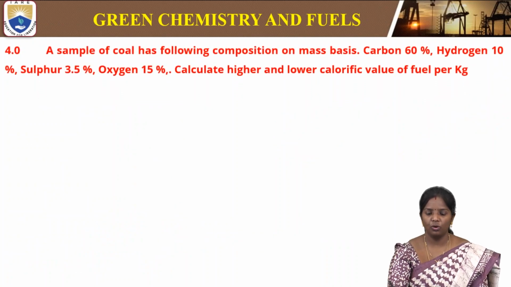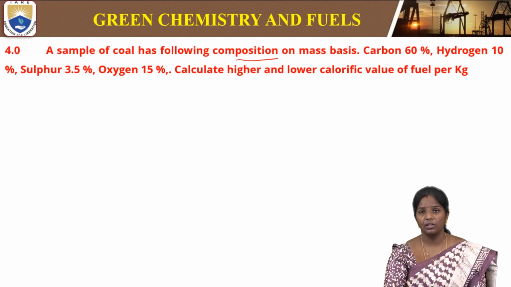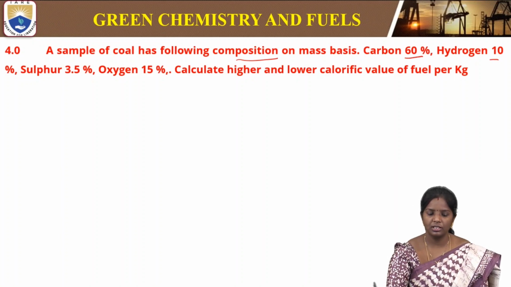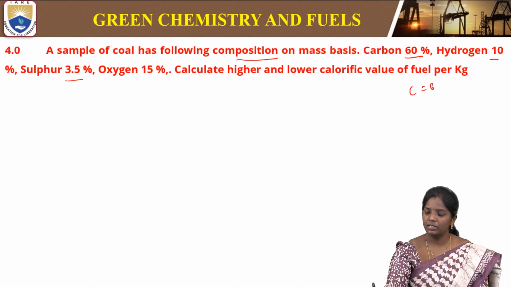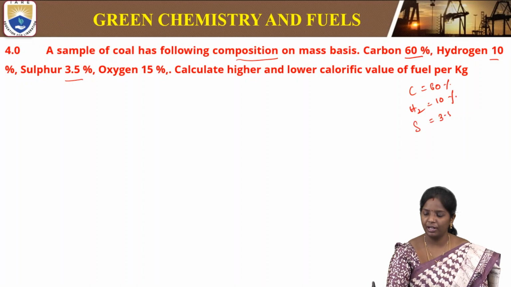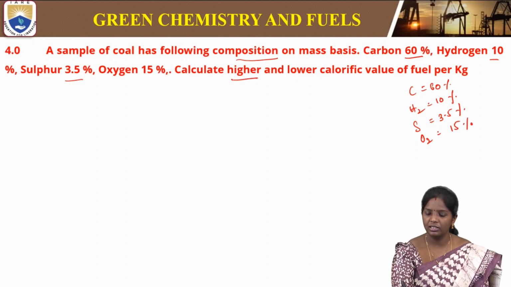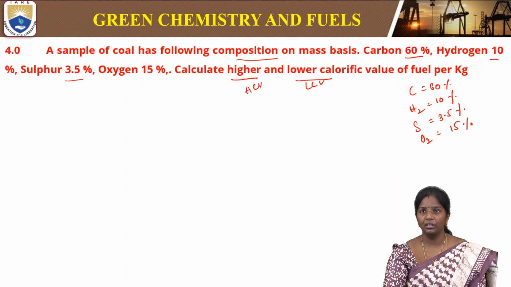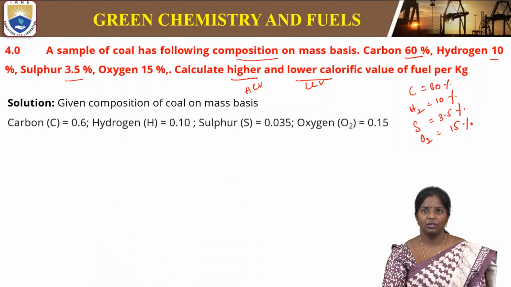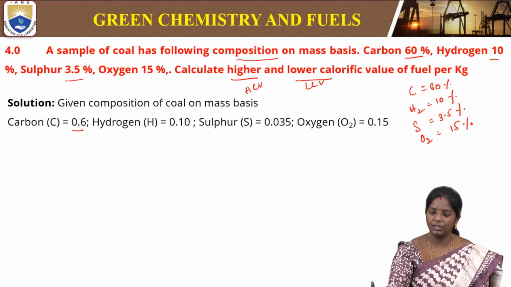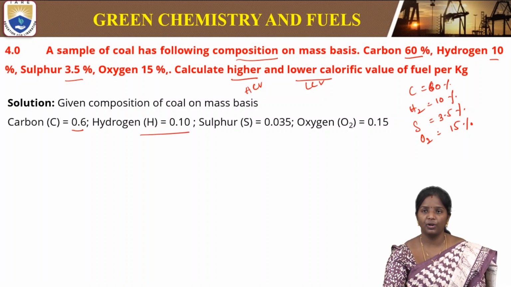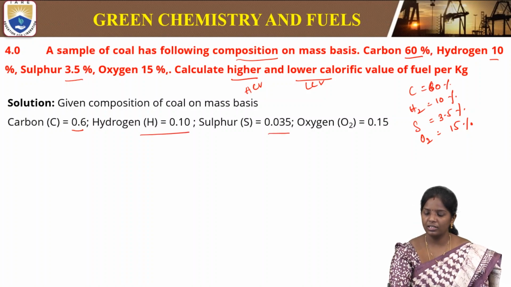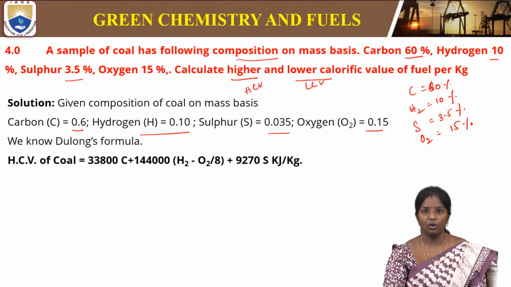Next, a sample of coal has the following composition on mass basis: carbon is 60%, hydrogen is 10%, sulfur is 3.5%, oxygen is 15%. Calculate the HCV and LCV values of the fuel per kg. Given the composition on mass basis, now convert into fractions: carbon 0.6 because it is 60%, hydrogen 0.1, sulfur 0.05, oxygen 0.15.